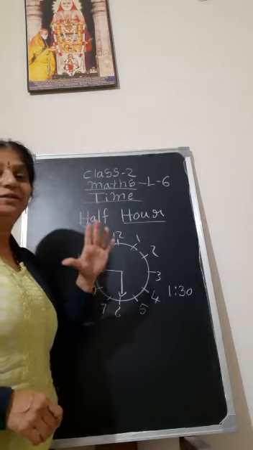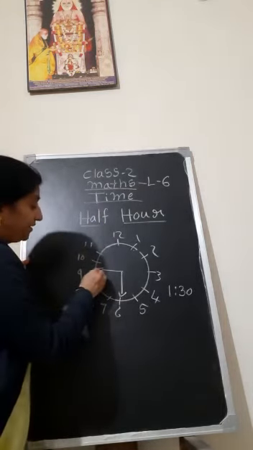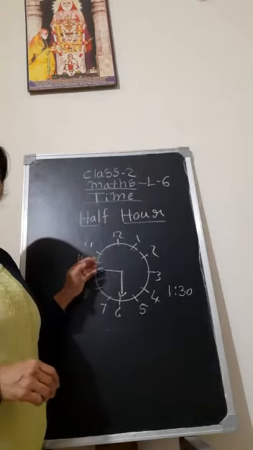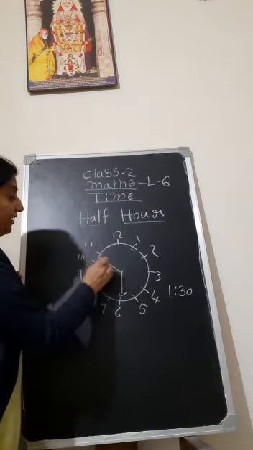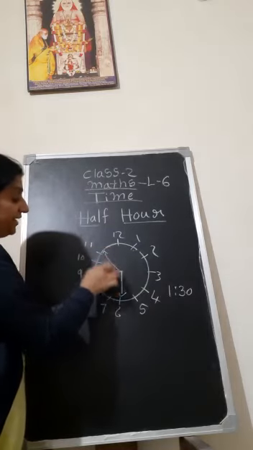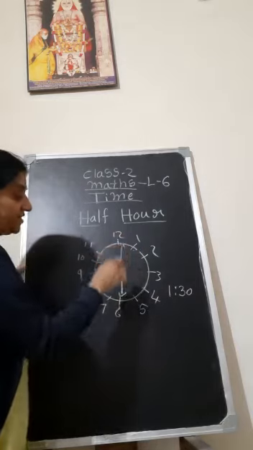The shorter hand should be in between, or past the hour mark. We take it as 9. For example, if it passes 10, we take it as 10:30. If it passes 11, we take it as 11:30. If it passes 12, we call it 12:30.